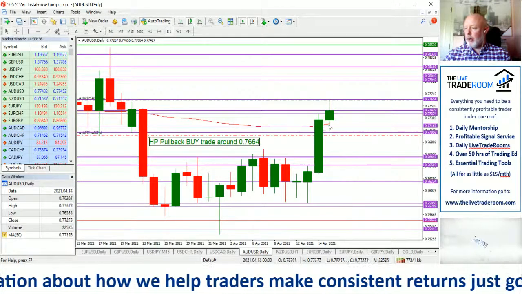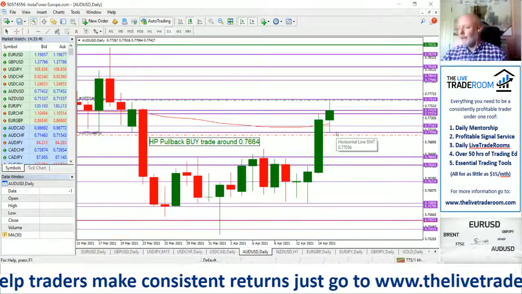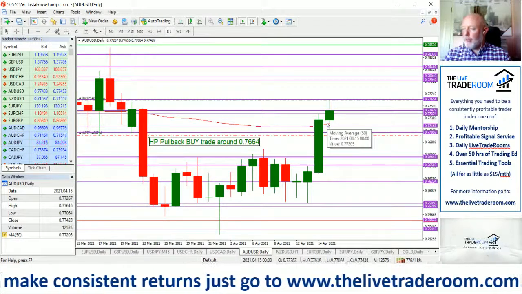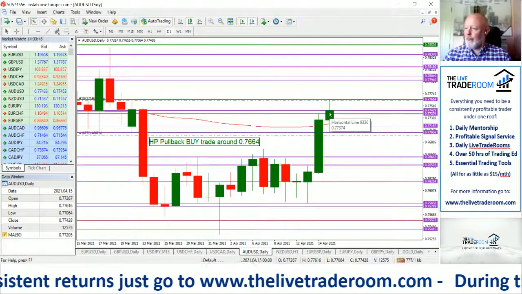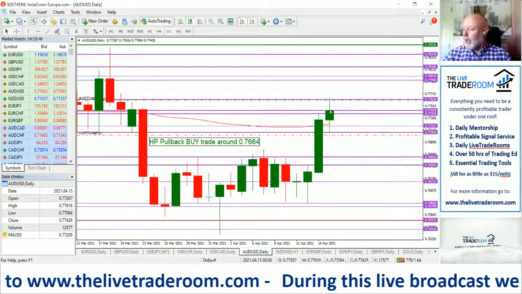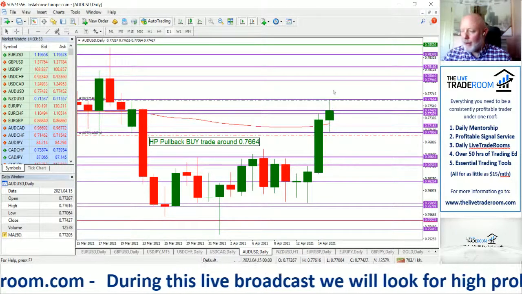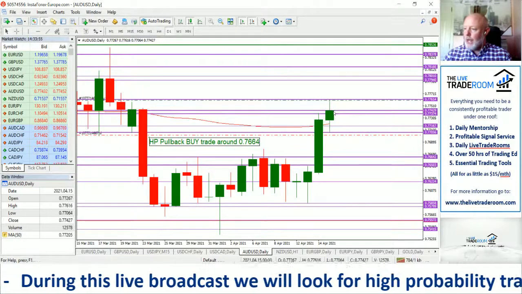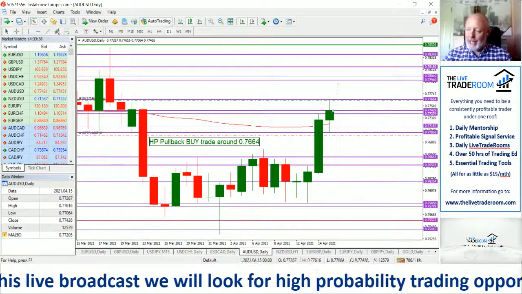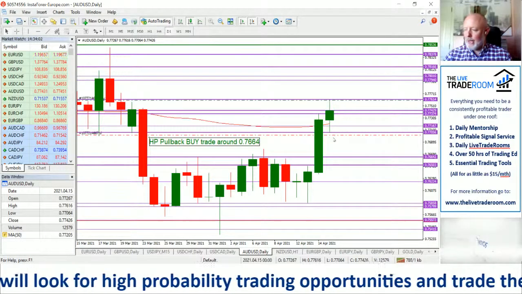We've broken above the monthly high, and sorry, the 50 period moving average, should I say. We've cleared above that. We've pushed on to the upside, and now we're pulling back to previous highs. So that's kind of what you often see. Now we do expect further upside on this, so it is a pullback opportunity to get into this trade to the upside. And as you can see, we have our stop loss beneath the low.